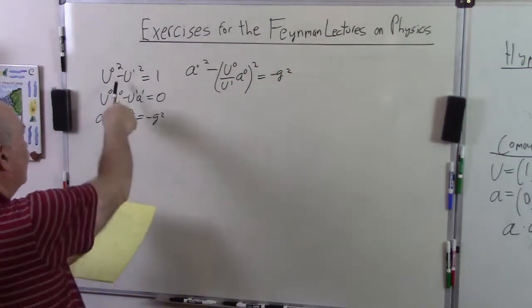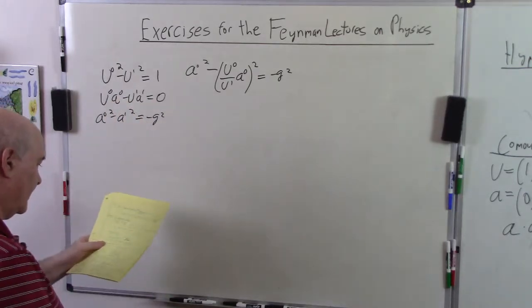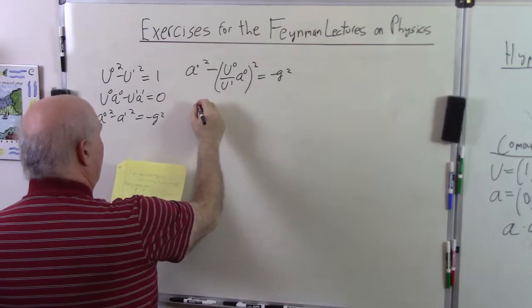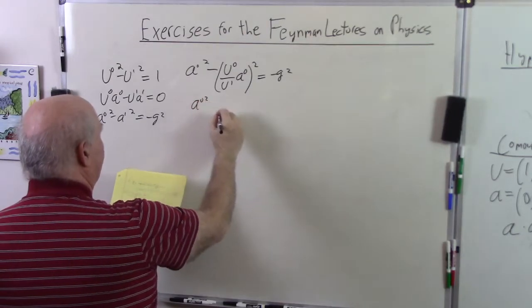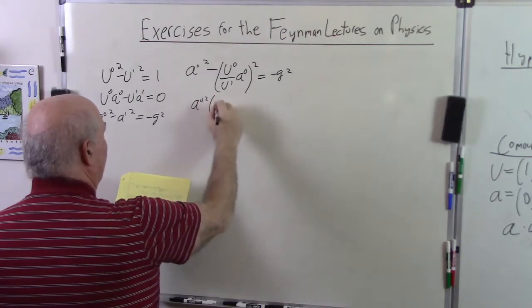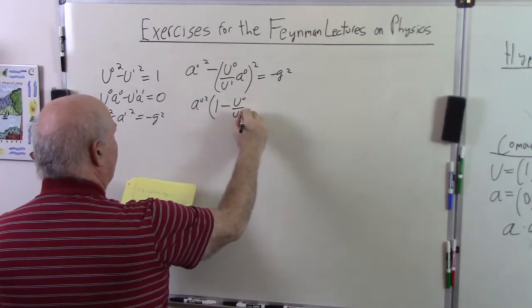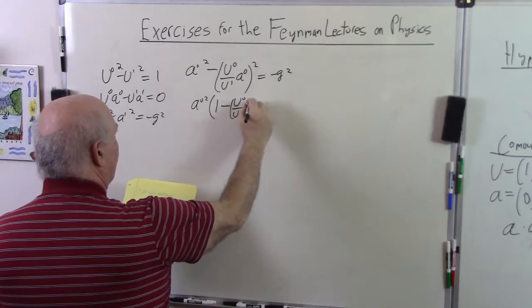So I have a0 squared times (1 minus (u0 over u1) squared) equals minus g squared.